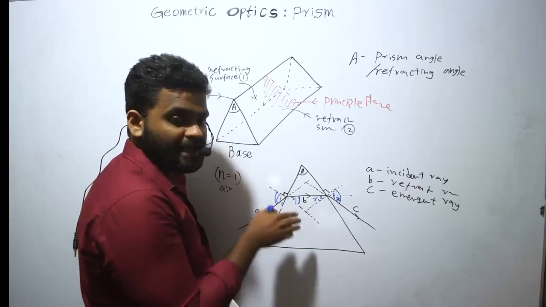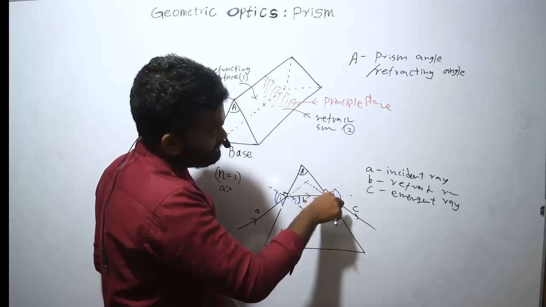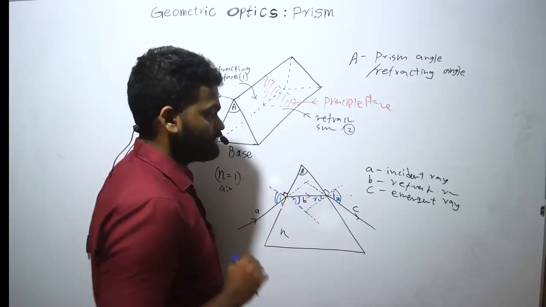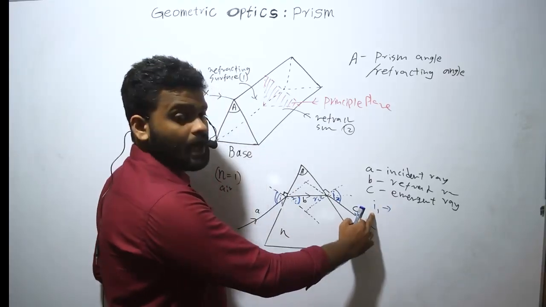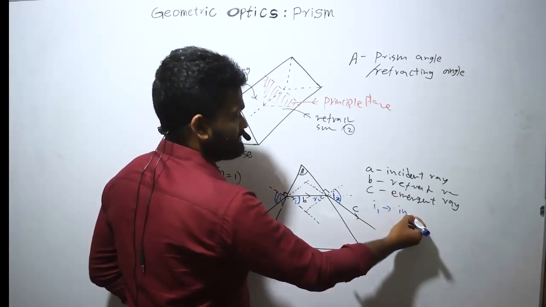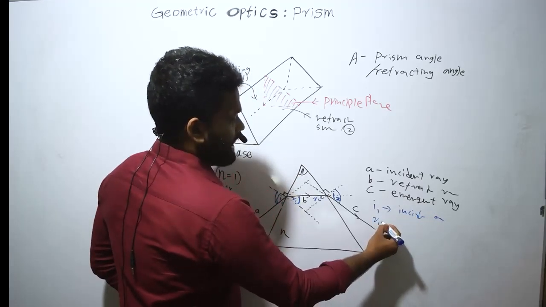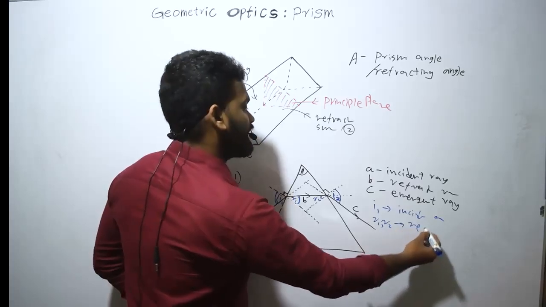You have to clearly understand those angles, right? Every angle is made between the normal and the ray. So we have I1, R1, R2. You need to identify these ones. Take it down. I1 we call the incident angle. Then R1 and R2 are called refracted angles.